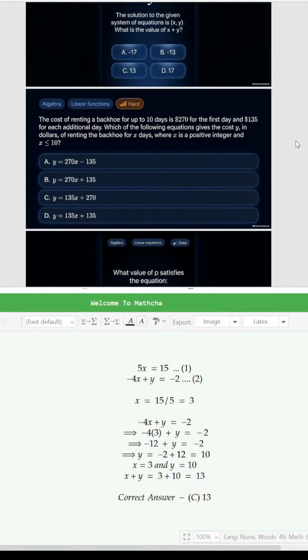So which of the following equations gives the cost y in dollars of renting the backhoe for x days, where x is a positive integer and x is less than equal to 10. So we are given x, which is the number of days for which it is rented, and y, which is the total cost. So we have to find it as a function and solve this question to find out the function of y in terms of x when x is less than equal to 10. So try to do it by yourself, and then we'll attempt it and do the solution.